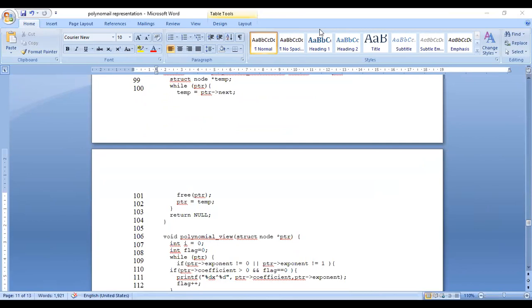Any more doubts? Anybody having any doubts? Why is it not opening? I think I have sent a zip file. Anyway, I will send it once more. I have sent your zip file.